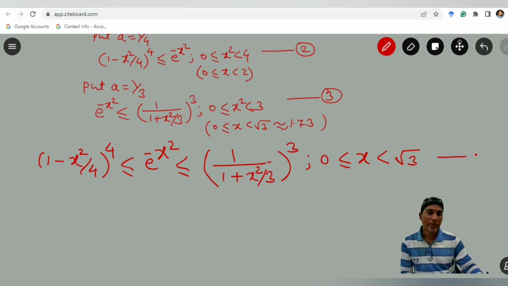Suppose this is the fourth relation. This fourth relation is an important relation which we wanted for our approximation.